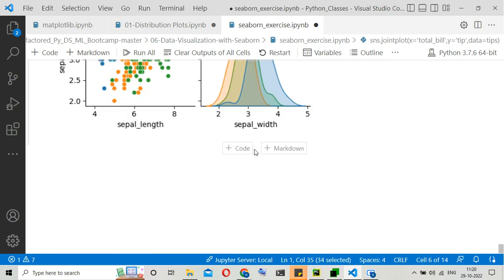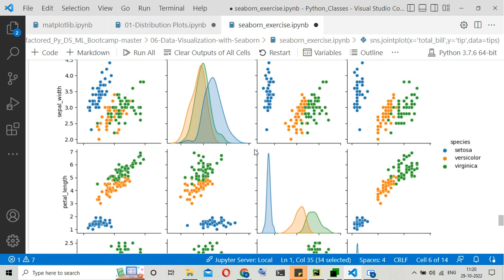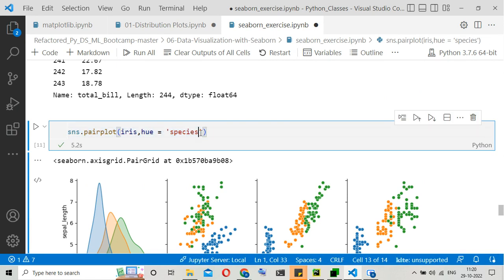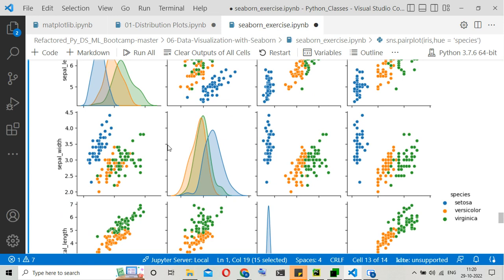So it's good practice. That is why I told you about this pair plot. It will just call on the data set based on some graph. If you know that a cluster, group or category is there, you can directly call them and have a plot, and then try to see if there is any correlation.